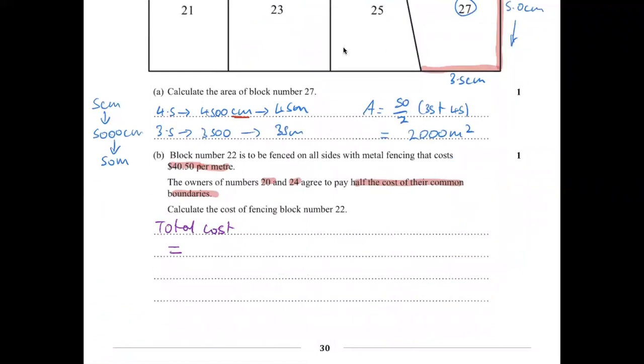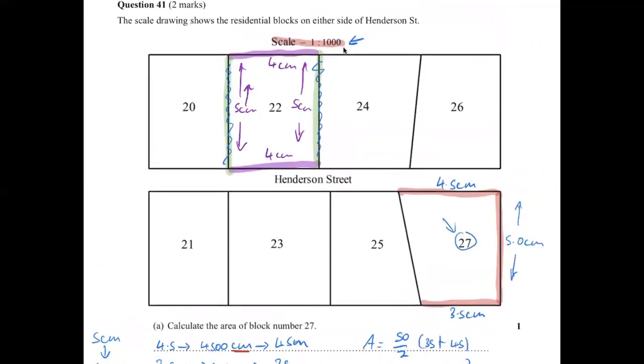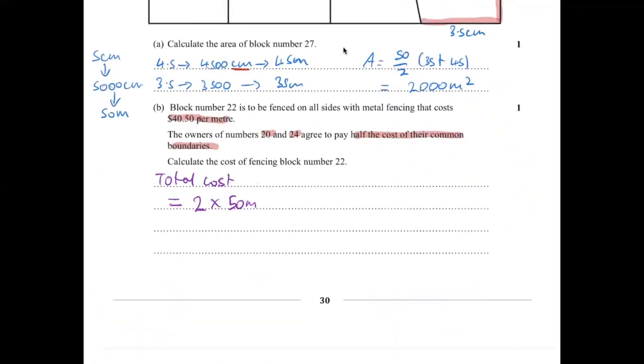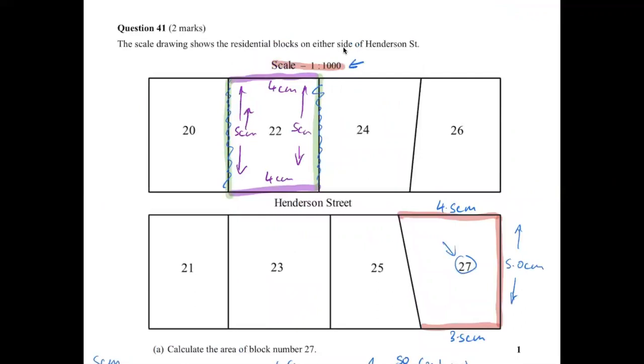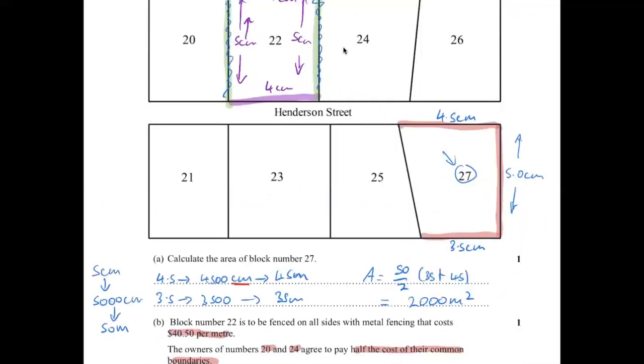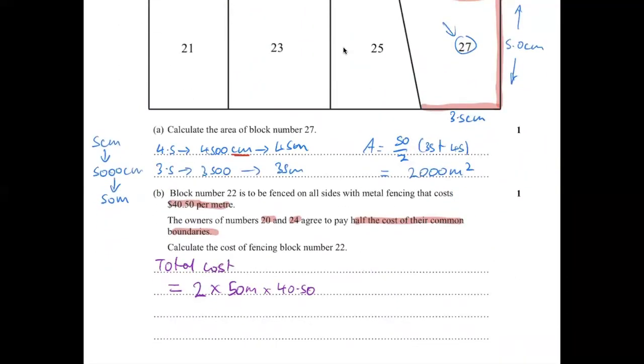We have 2 lots of that because we have 2 fences of 50 meters. That covers our 2 vertical fences. For every meter, we're going to spend $40.50, so we multiply by $40.50. But remember, on the vertical boundaries, we have a half price because the owners on either side, 20 and 24, have agreed to pay for half the cost. So we're going to take that and divide by 2.